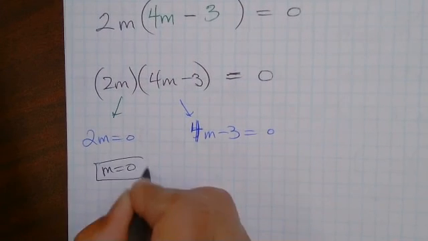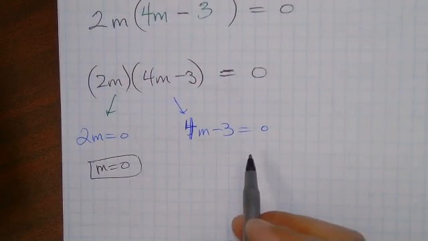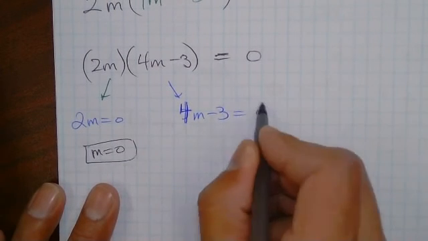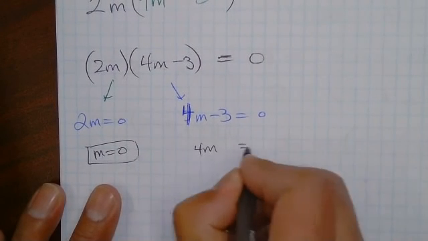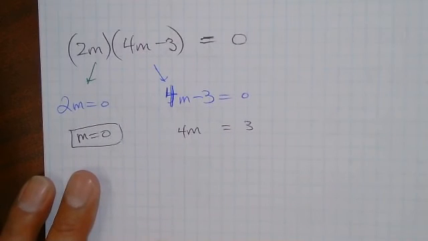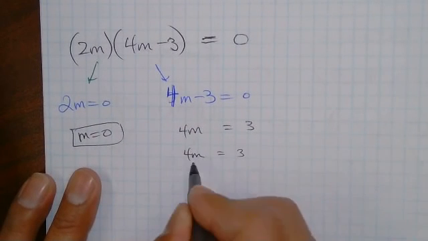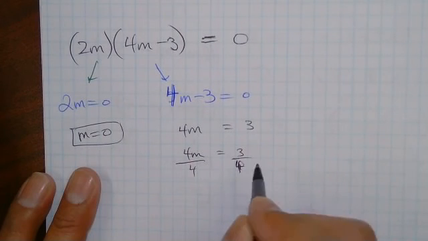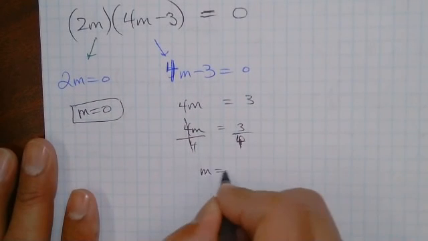Okay, well this one is just 0, right? And this one's going to take you a couple of steps. How do you solve this? You move the 3 over to that side, or plus 3, it'll be 4m equals positive 3, correct? Then what? Divide by 4, right? You want to get the m by itself. Divide by 4.